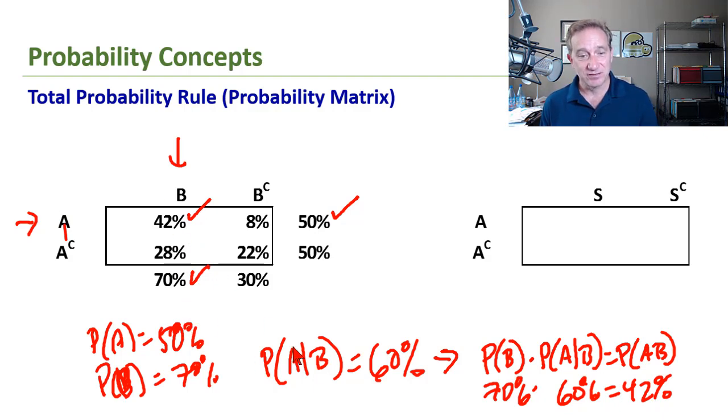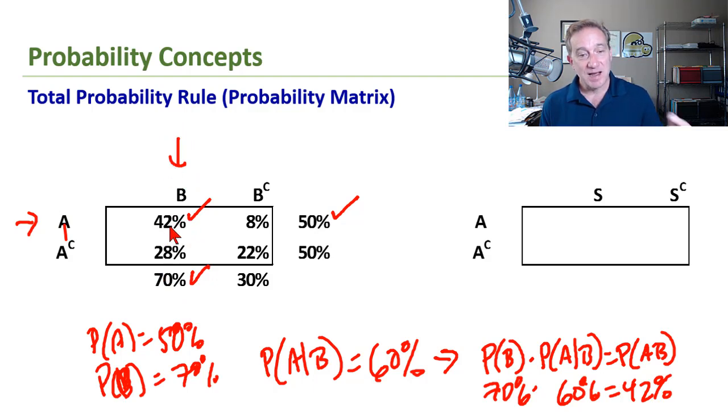So the 3 assumptions that I'm given allow me to populate immediately, as a first step, these 3 values. And then it's just a matter of logical deduction. If I take a look at the probability of B, that's this column here.